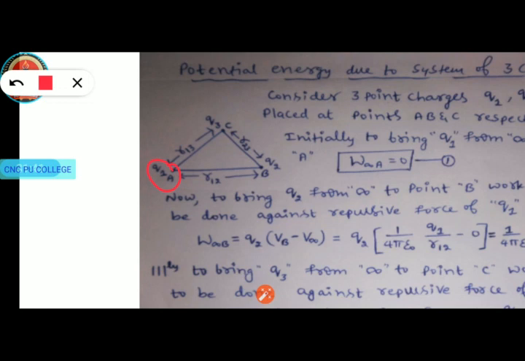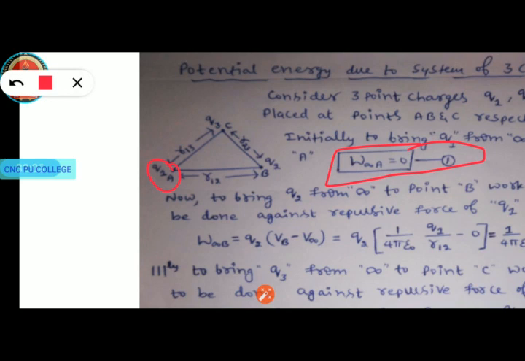Because of that, the very important thing here we are writing is equation 1: W infinity A, that is nothing but the work done in order to bring the charge Q1 from infinity to A. W infinity A is equal to 0, and that is our first equation. It is understood, right?